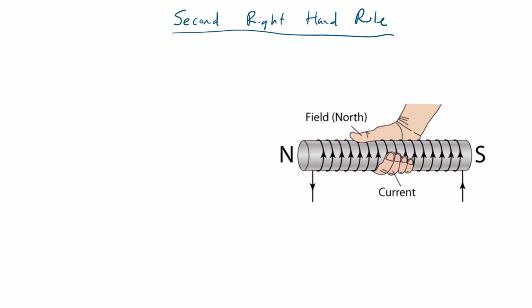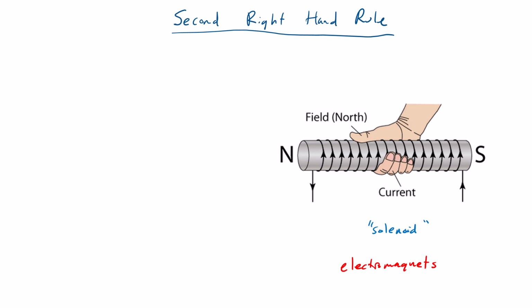Our second right-hand rule is for this thing called a solenoid. And that is just, sometimes there's nothing in the middle at all. It's wrapped coils of wire around and around, making this sort of spiral shape like we see in the picture. This is a great example of how we make electromagnets. Electromagnets are made from materials that are not naturally magnetic, where we create a magnetic field to utilize by giving it a current.